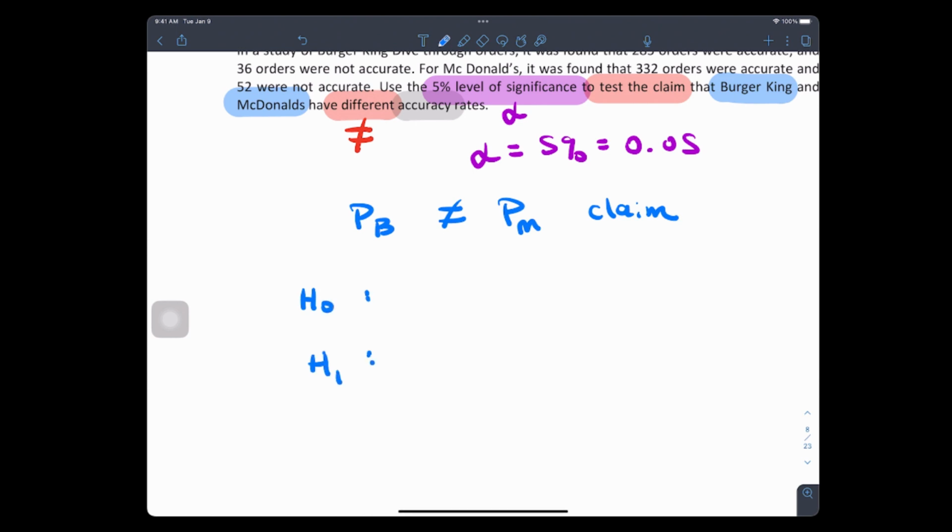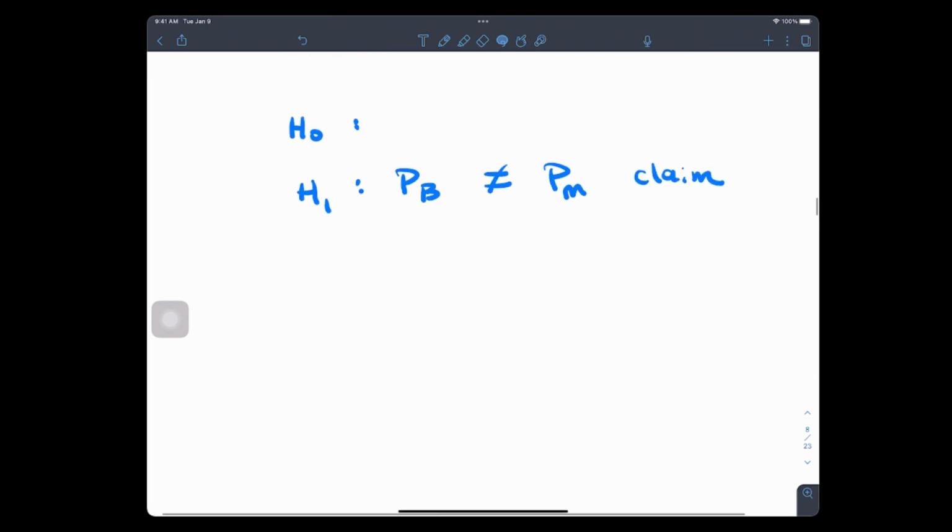So now, let's see if you guys are awake with this. Where does that belong? Is that a null or is that an alternate? Does that go on top or bottom? Bottom. Why? Does not involve a condition of equality. What's the opposite of the not equal?